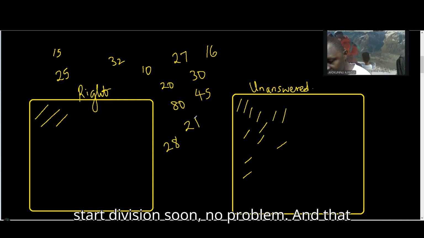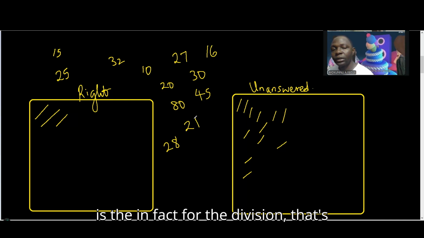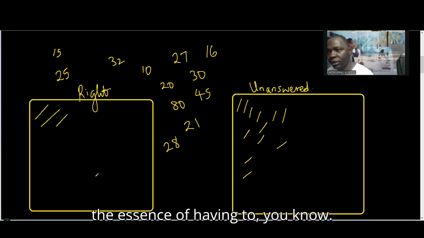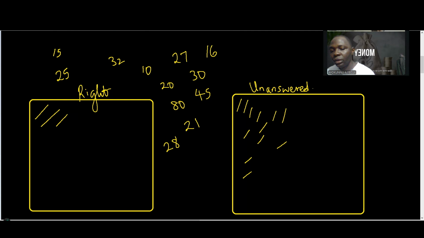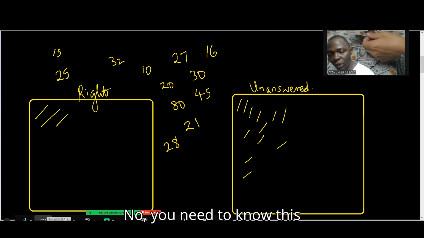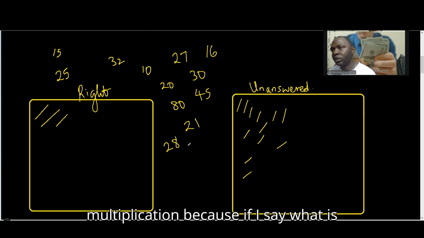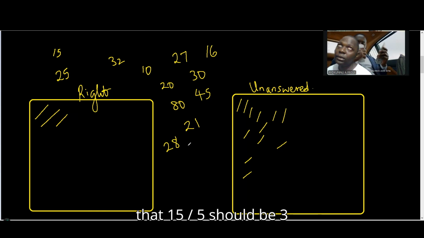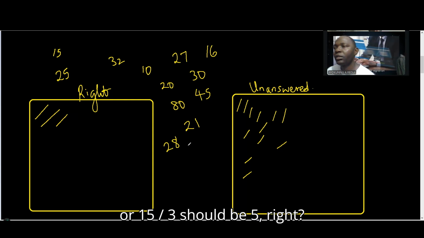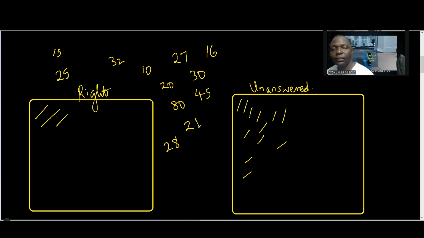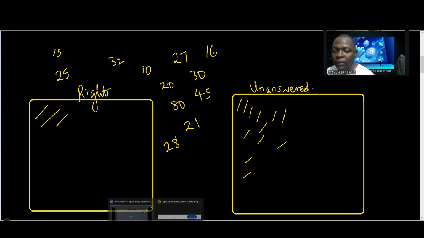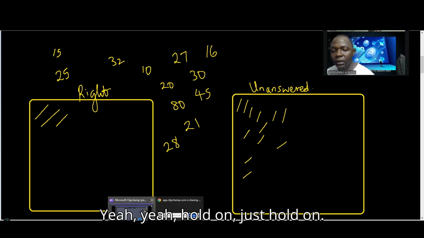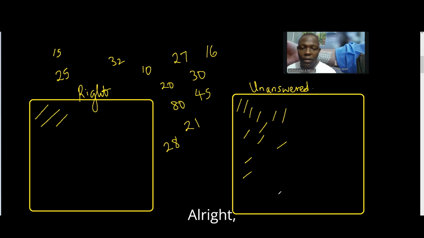I think we're going to start division soon. That is in fact the essence of knowing multiplication, because if I say what is 5 times 3 and that's 15, then I know that 15 divided by 5 should be 3, or 15 divided by 3 should be 5, right? Yeah.